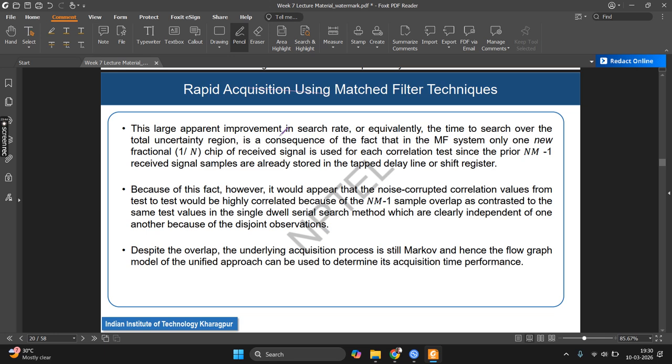So the detection process will be pretty heavily influenced by the noise. In other words, this is not as robust to noise as serial search. So serial search may be more expensive, but it is more robust to noise.